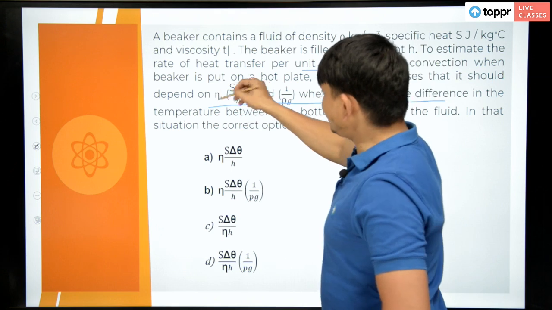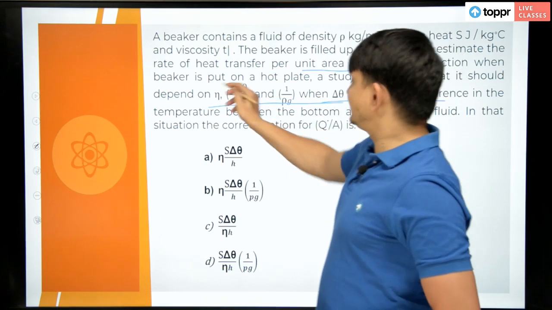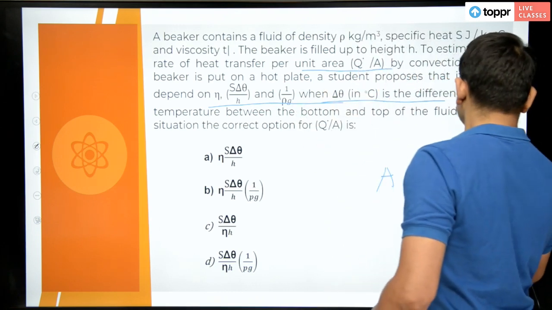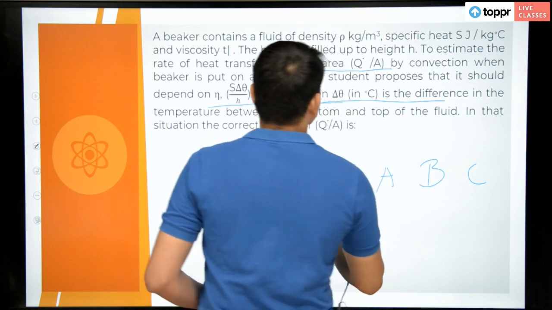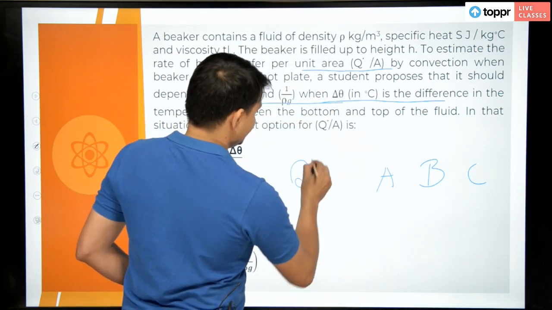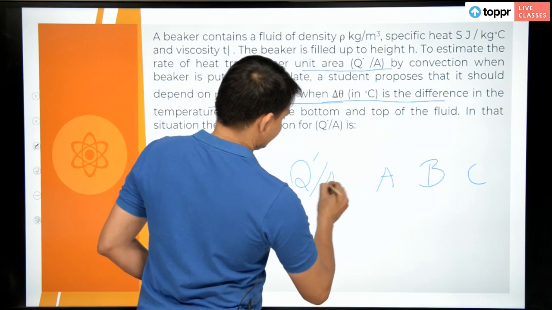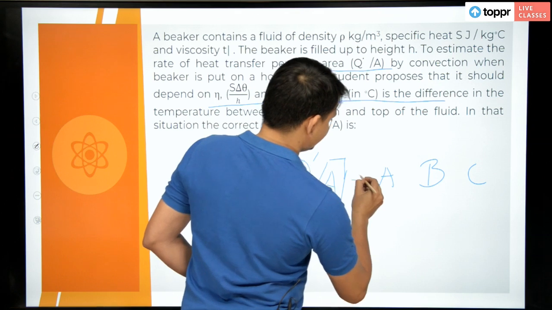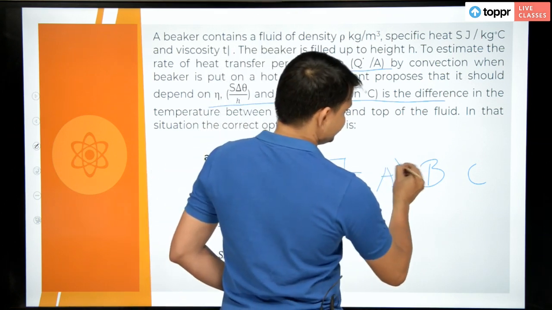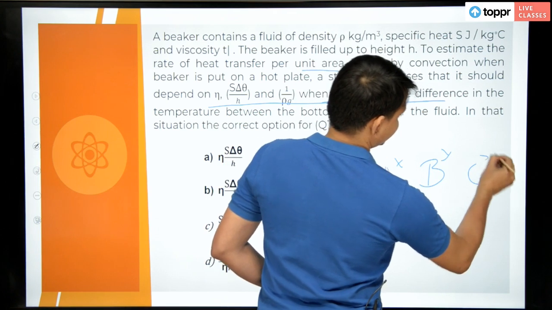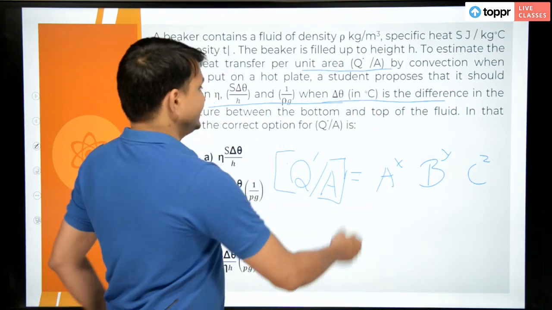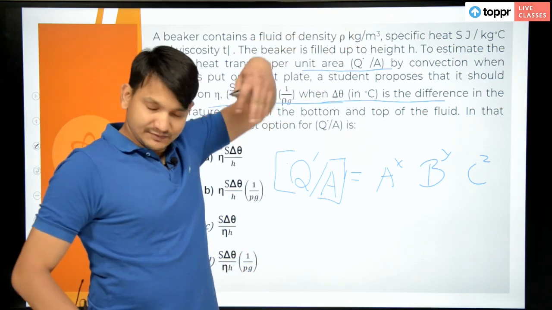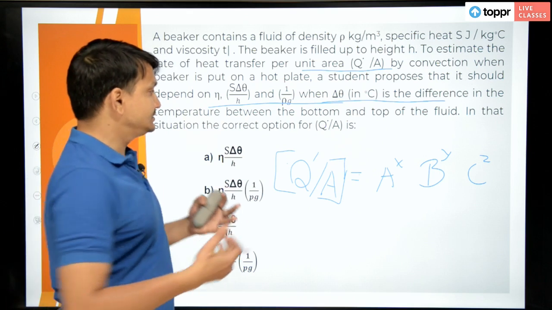So, let us say I name eta as A, this part as B and this part as C, and we have Q dash by A. The dimension of this would be equal to A to the power x, B to the power y and C to the power z. If you simply analyze all the 3 units, you will get 3 equations in x, y, z.